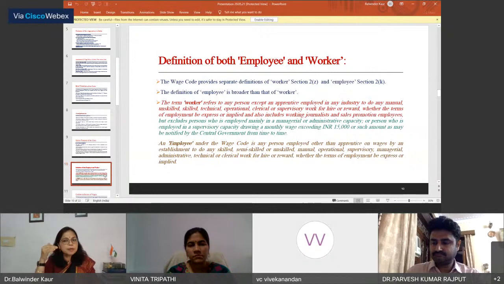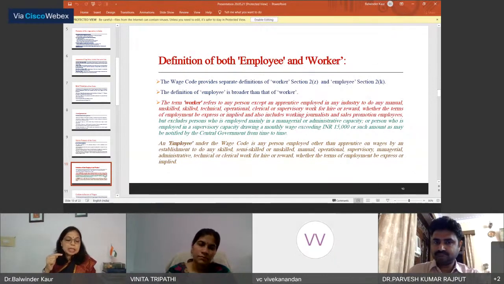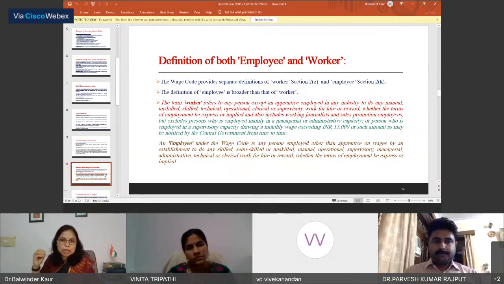Now, if you see the definition of employer under the Code on Wages 2019, for the first time they have included contractor as an employer. Earlier, contractor was not an employer. Though contract labor is not part of the discussion of the Code on Wages 2019, they said that contractor would be considered as an employer under the Code on Wages.